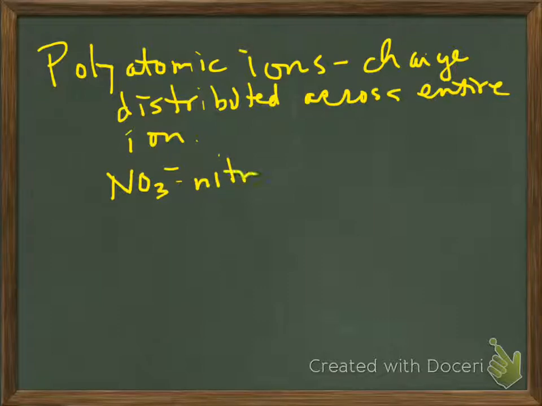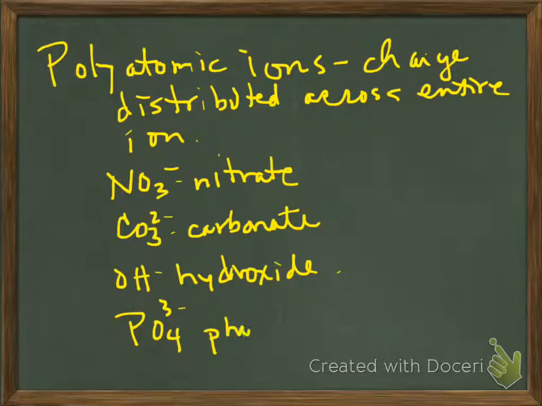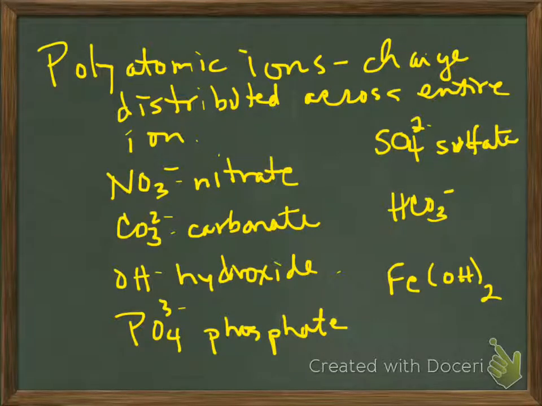This is the nitrate ion, carbonate ion, hydroxide ion, phosphate ion, sulfate ion, hydrogen carbonate. All right, things like iron 2 hydroxide, remember, put the parentheses around the polyatomic.